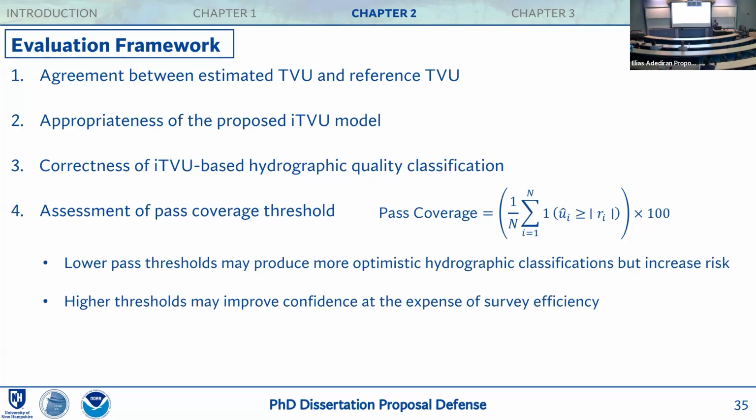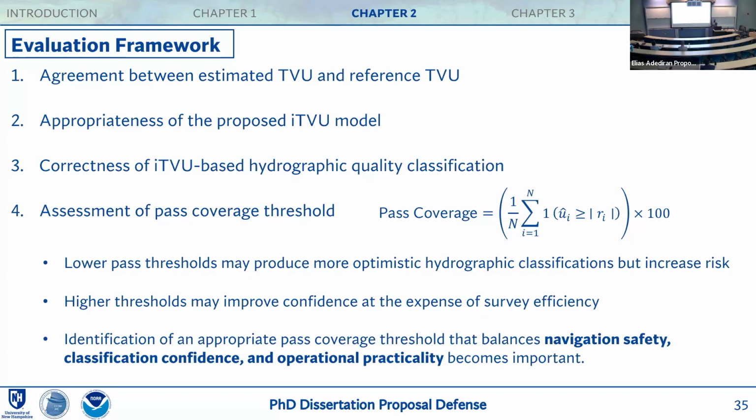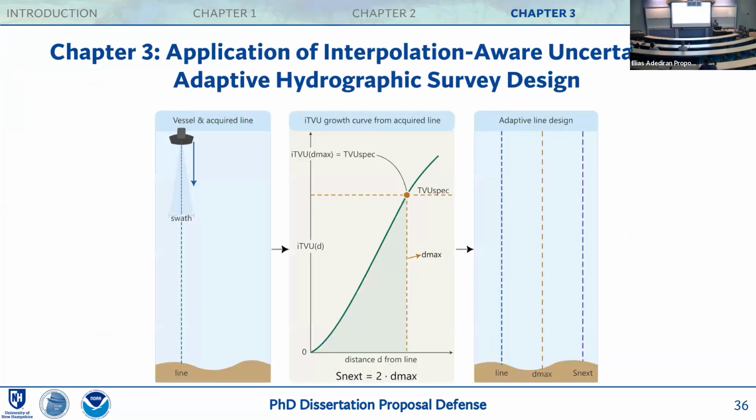A higher threshold would improve the confidence in our uncertainty estimation, but that might be at the expense of survey efficiency, which is my chapter 3, which I will get to in a moment. So identifying the appropriate pass threshold, you need to balance navigation uncertainty and operational practicality.